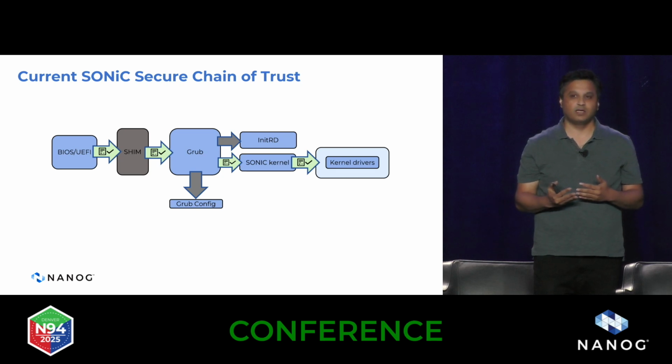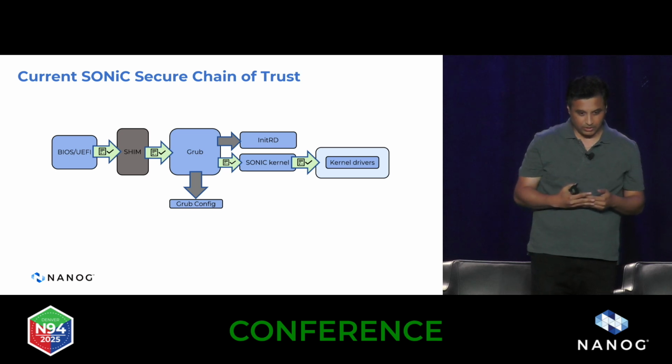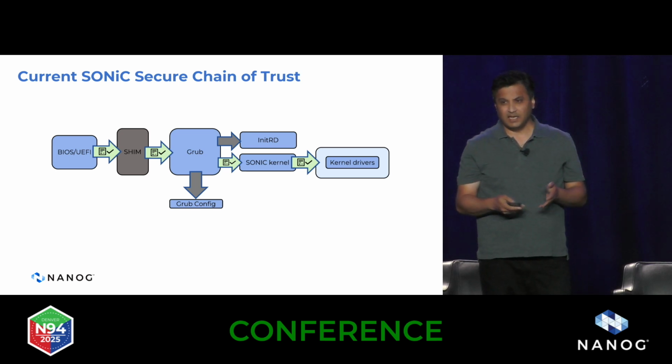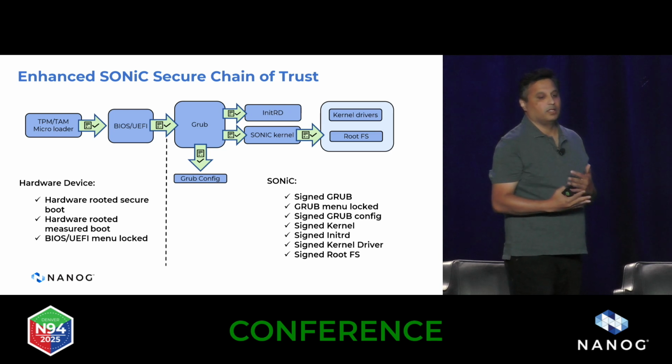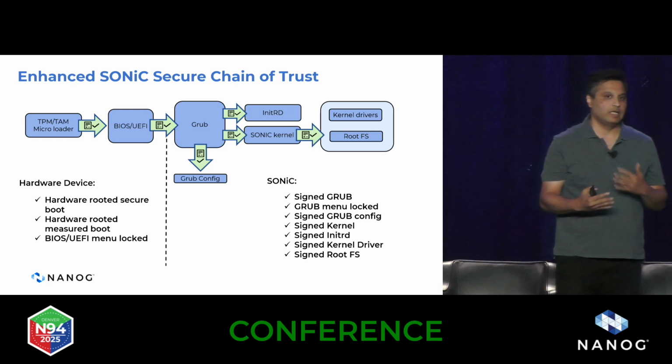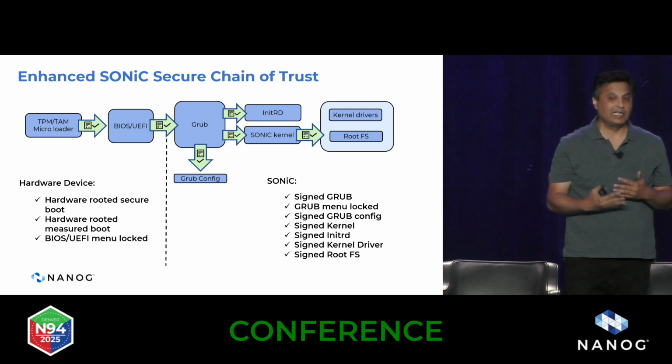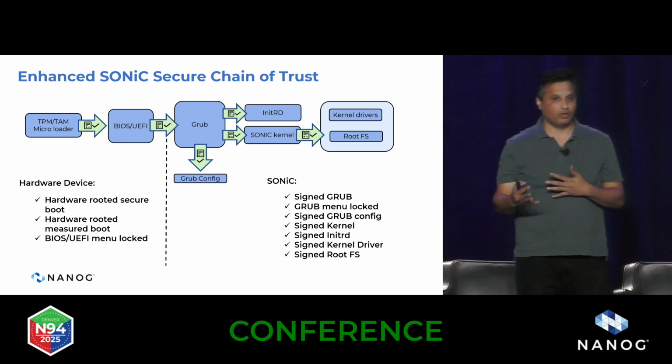Every kernel driver is enforced to be checked for its signature before it loads. So this currently exists in SONiC, but what we announced here for the Cisco platforms, which we have announced generically, we are going to upstream soon.